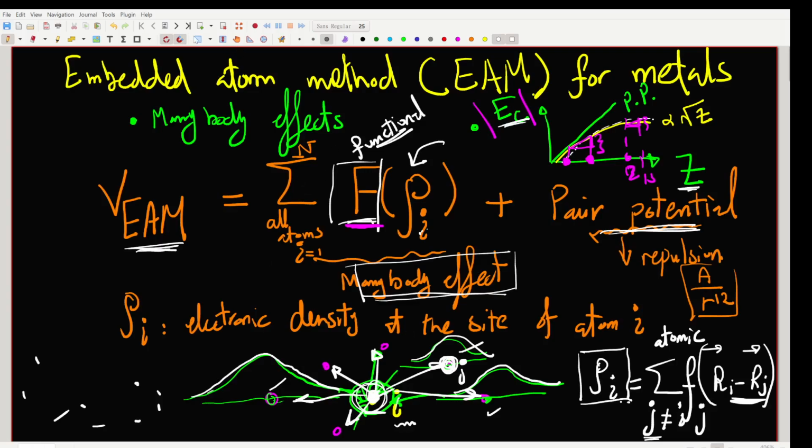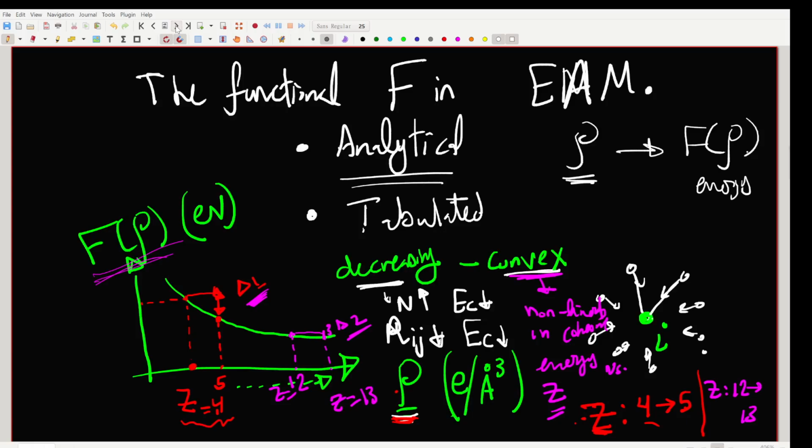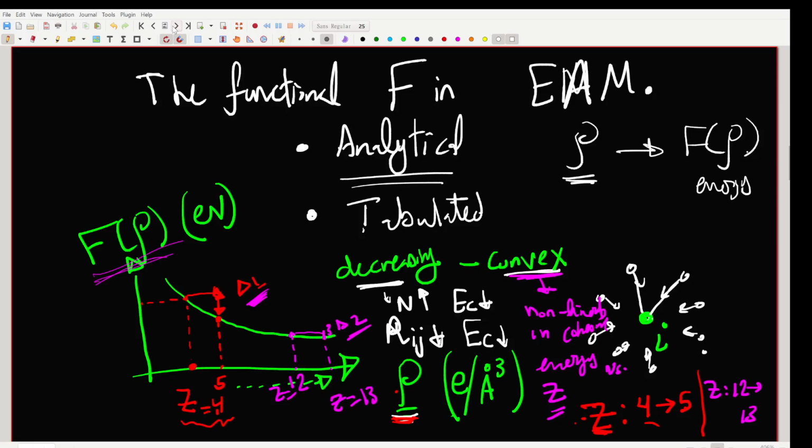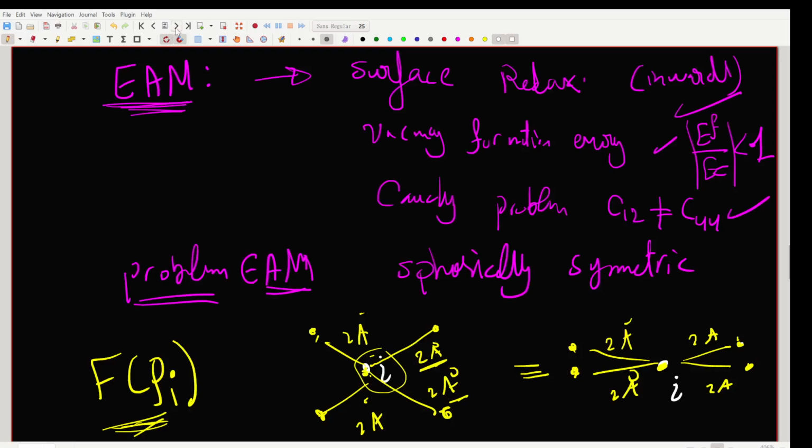One has to be careful about the functional F. It either has an analytical form or a tabulated form. Regardless of whether it's analytical or tabulated, it has to be a decreasing function and it has to be convex, simply to represent this nonlinearity that we discussed before related to the cohesive energy. And what else? Then we said that EAM is not perfect. It has its own problems.